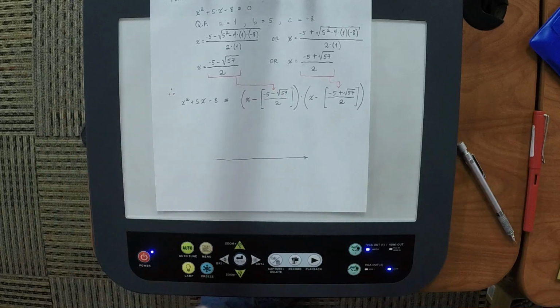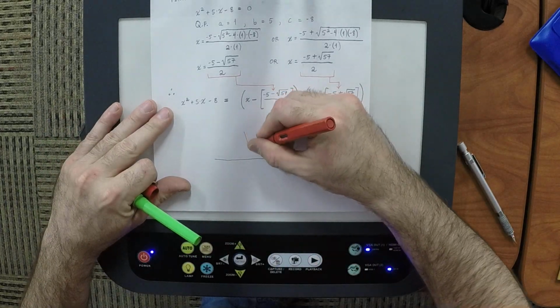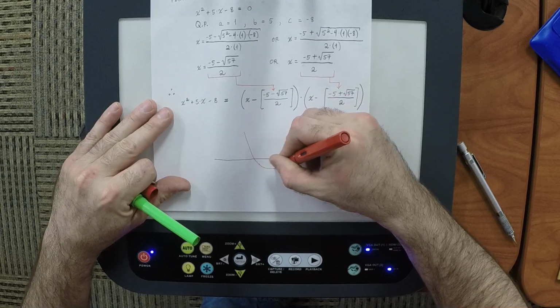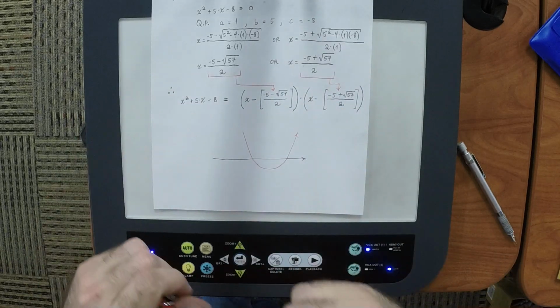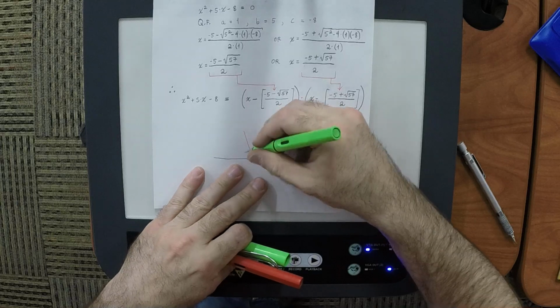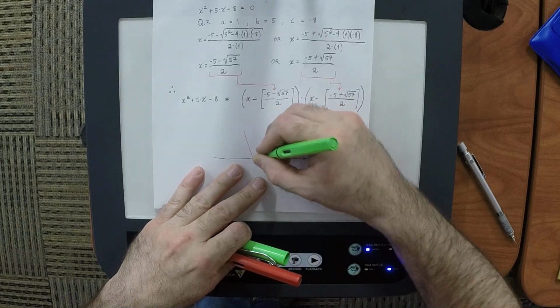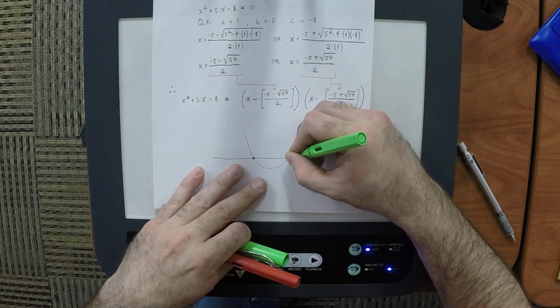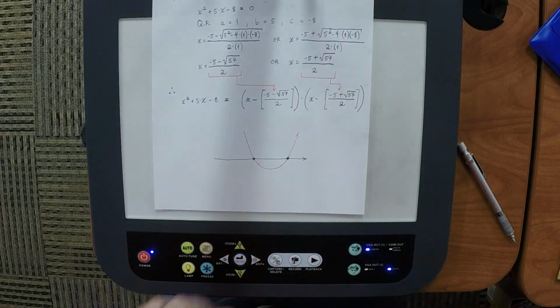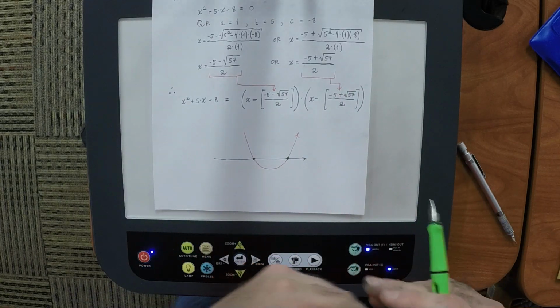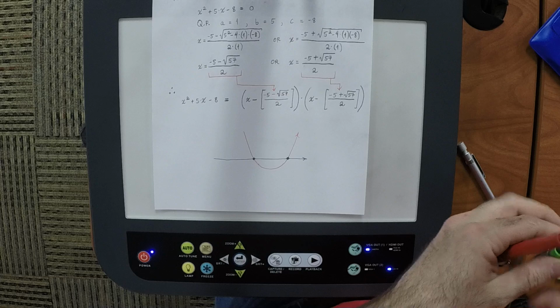That means that it should look like this if you were to plot it. And you can do even one better than this. You can actually tell me the coordinates of those two green points. What are their coordinates?